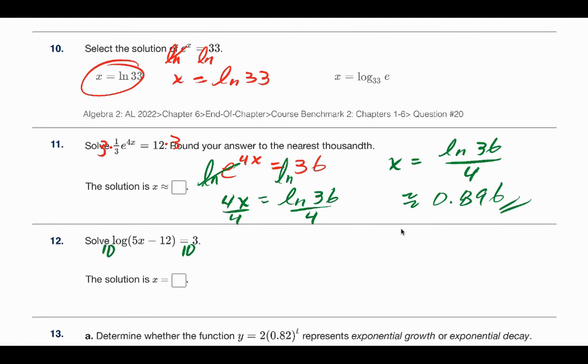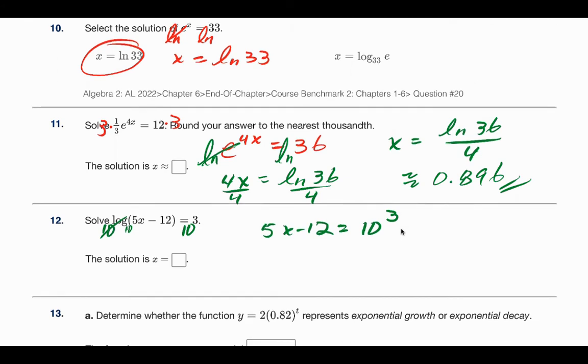So those two are going to kind of cancel, and that'll mean that we'll have 5x minus 12 is equal to 10 cubed, which is the same thing I would have had, like I said earlier, if I would have put the 10 here and said this base raised to this power, so 10 cubed is equal to 5x minus 12. So I got the same answer the same way.